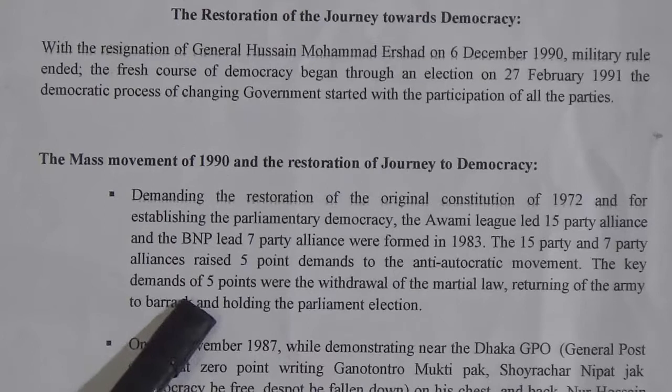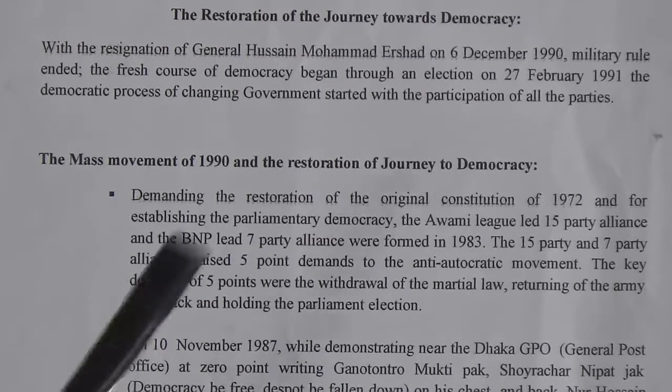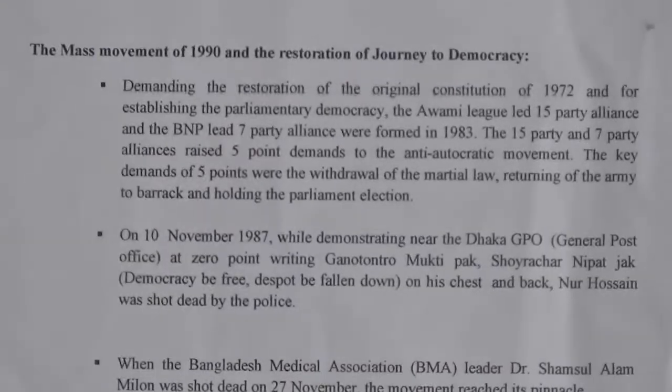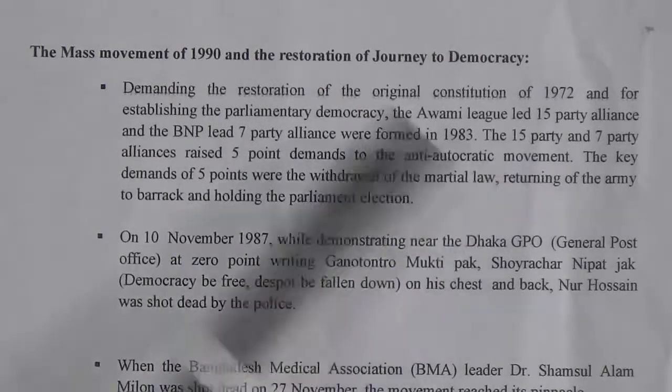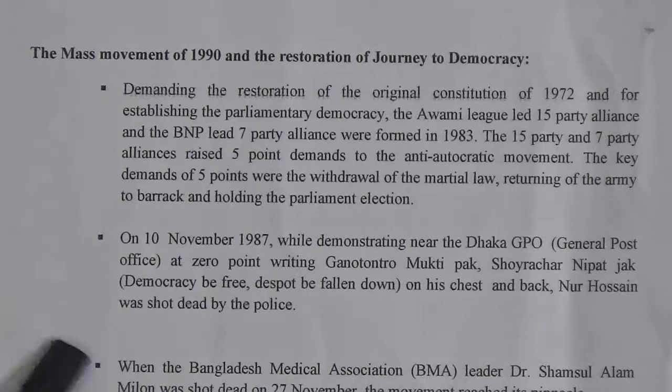The key demands of the 5 points were the withdrawal of martial law, returning of the army to barracks, and holding the parliament election. So you see that these demands were presented by these parties, Awami League and BNP.